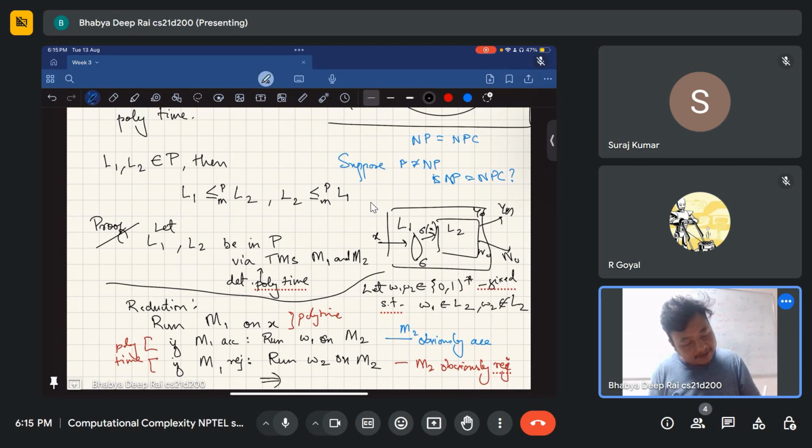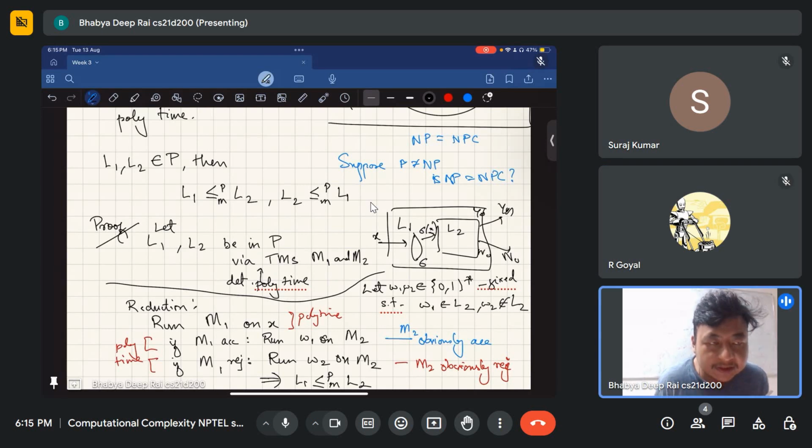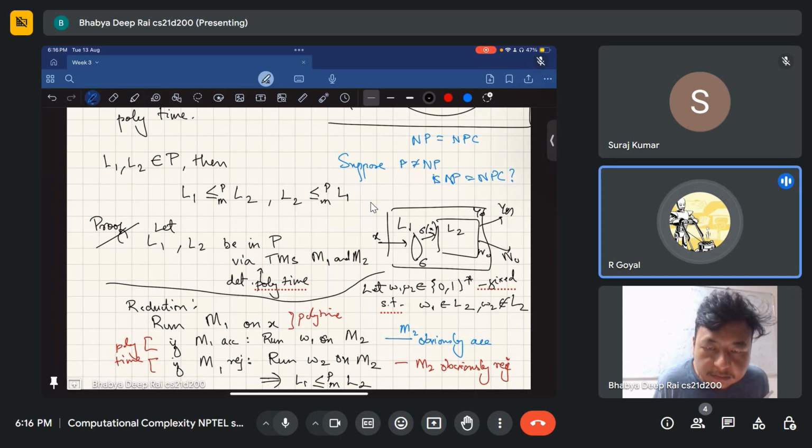This implies L1 reduces to L2 in polynomial time. Someone asks: what are W1 and W2 here?